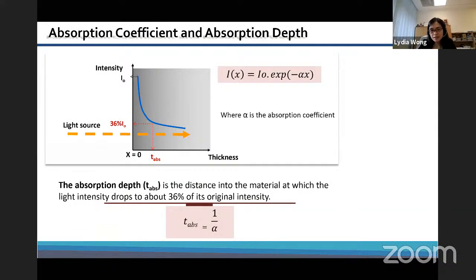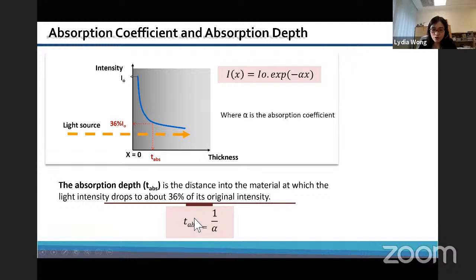Okay, so actually, the absorption coefficient can be used to determine the absorption depth of light. So for example, the first thing you need to do when you select the materials is the band gap, right? Once you identify a material with the lowest band gap possible, the next thing you need to ask yourself is whether this material absorbs light well or not. And this depends on the absorption coefficient, and this will translate to the thickness of your solar cell.